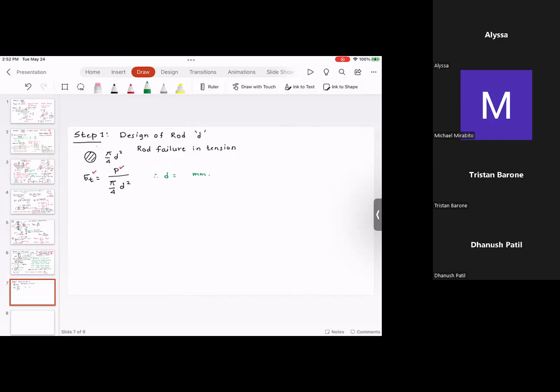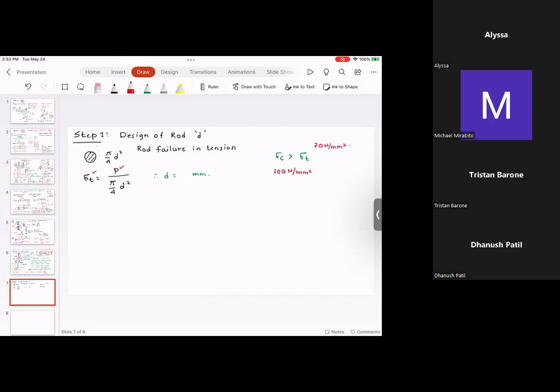So the value of sigma c is greater than sigma t. For steel with a factor of safety of 3, the sigma c value is 100 Newton per millimeter square, and the sigma t value is 70 Newton per millimeter square.